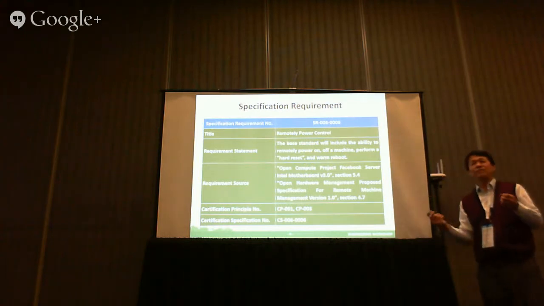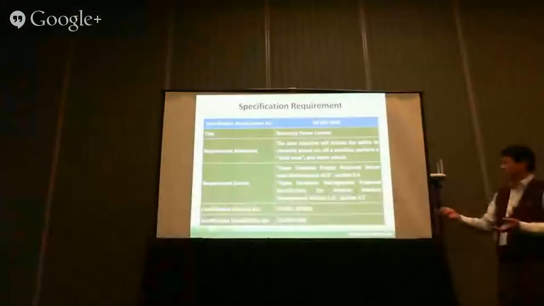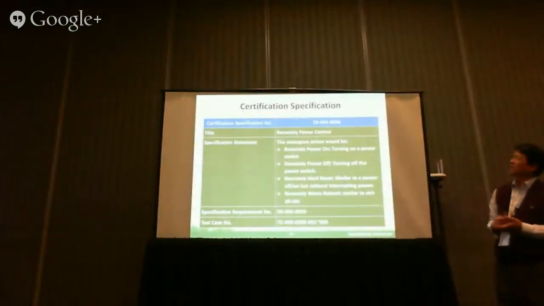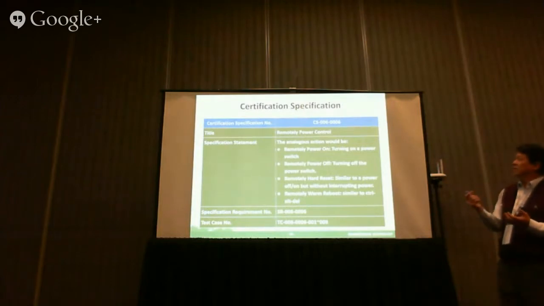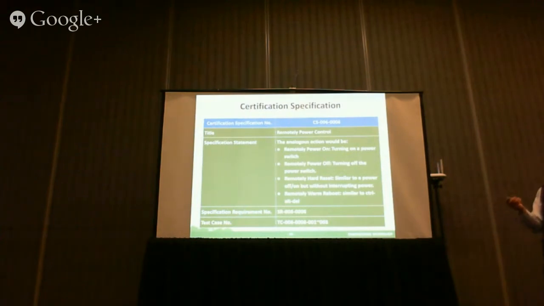We will have the corresponding requirement in the certification spec. This is the corresponding certification spec, and basically it states what we will check, and then we will have a test case. It stands for how we check this.